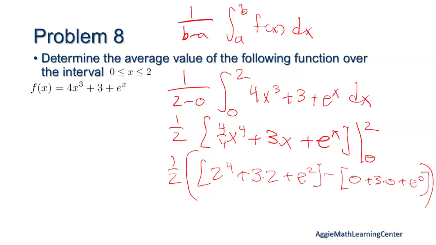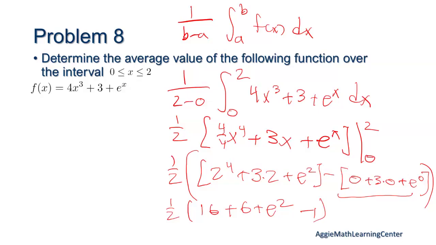You could type this in as your answer if you wanted to, but I don't like typing in unnecessary stuff, so we can simplify it a little bit. So we have 1/2. 2 to the 4th is 2, 4, 8, 16. 16 plus 6 plus e squared, and then this whole second half becomes a -1, because that's e to the 0.